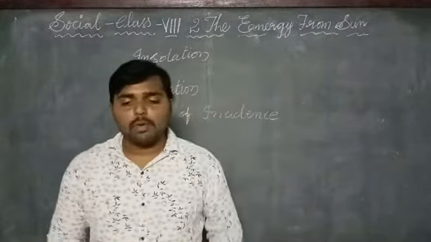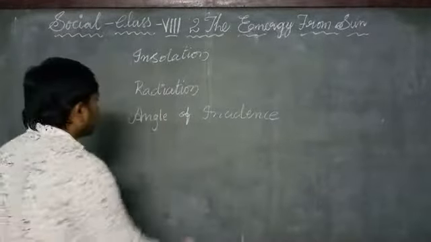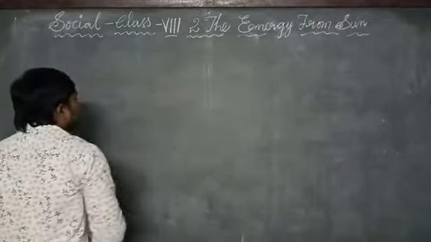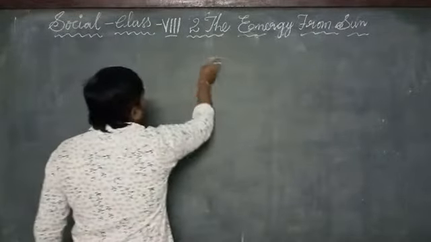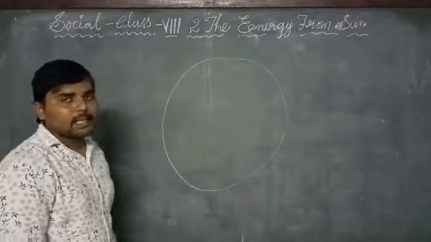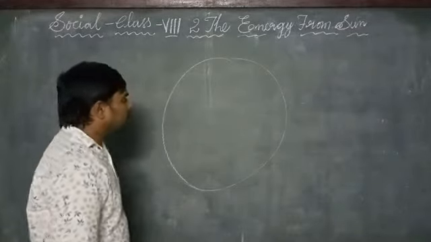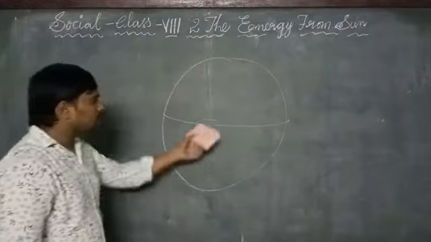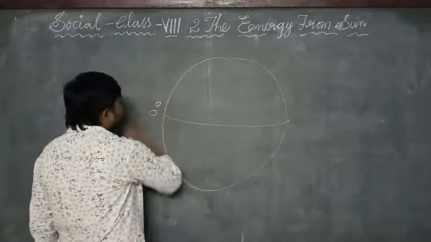Now let us see the concept of angle of incidence. Let us assume this is the earth, and this is the equator, 0 degrees.